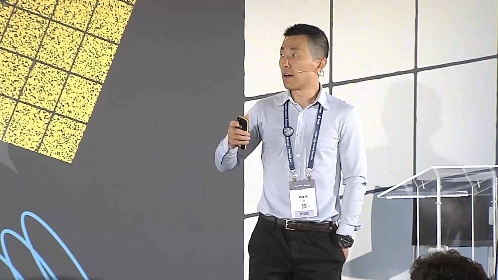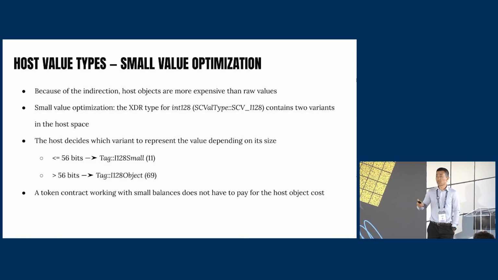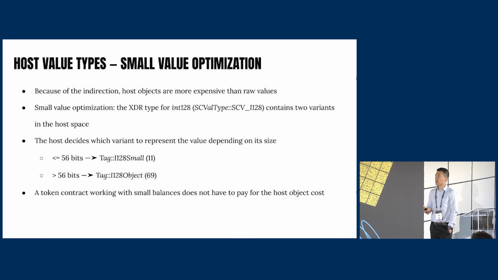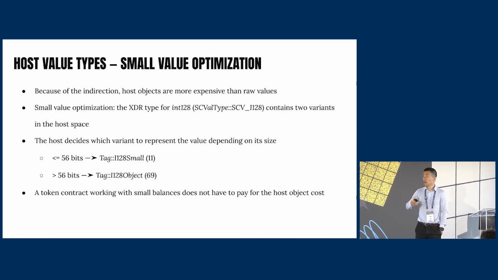Now, because of this indirection going from value to handle to the object, host objects are usually much more expensive than raw values to work with. So we have a nice optimization internally for small values. To show you an example, for the external type of int128, or 128-bit integer, there are two variants in the host.